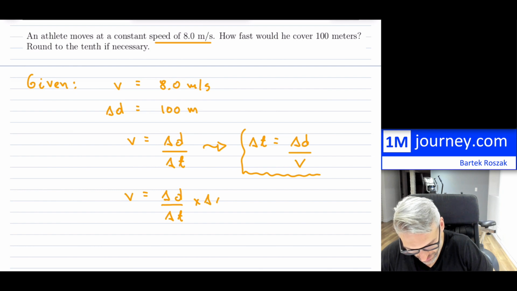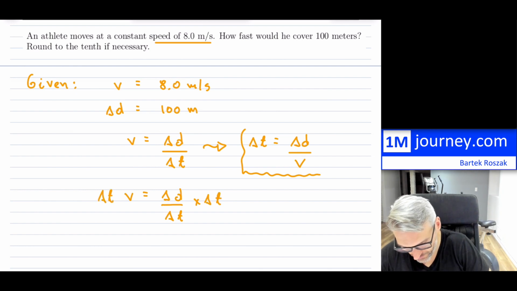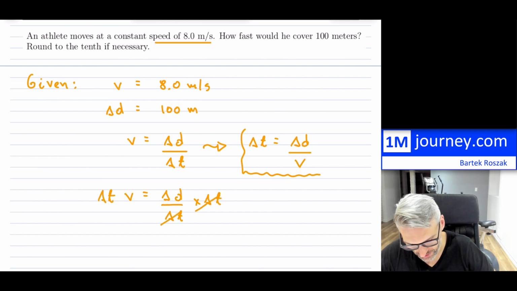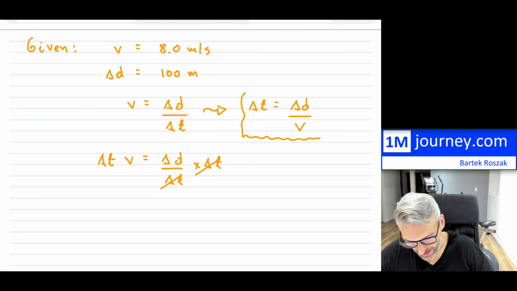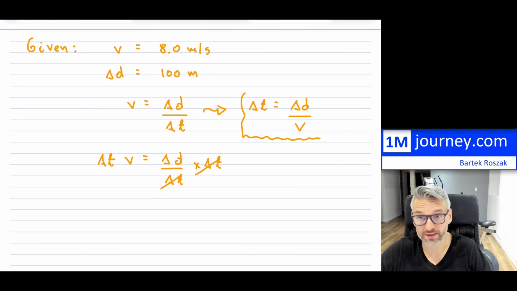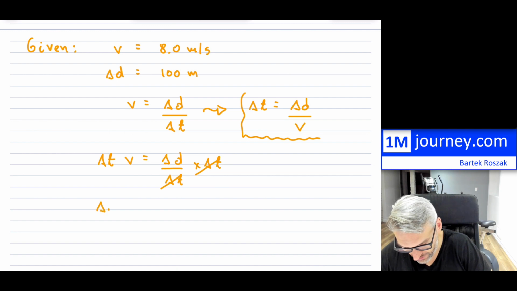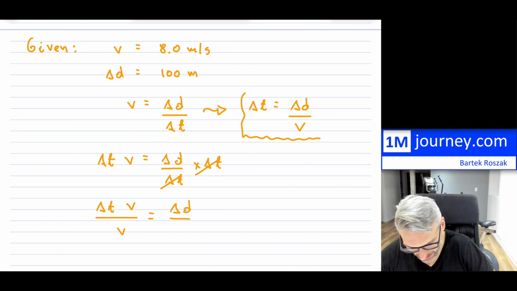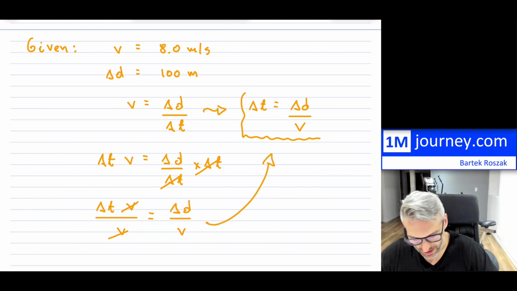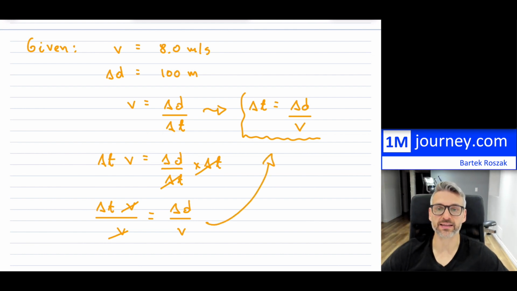If you multiply by delta t on both sides, that will get rid of this. And next, you do not want that v, so you're going to divide this by v, and you're going to get exactly the equation that I just wrote. So this will cancel, and you're going to get this back. Now, you don't technically need the actual formula. You can just use the units.